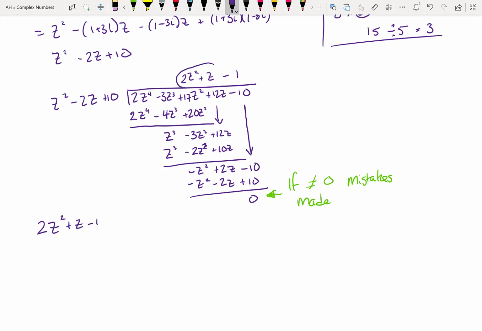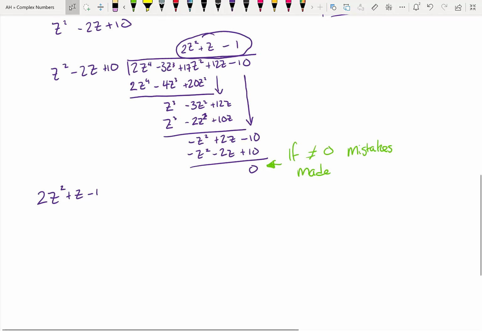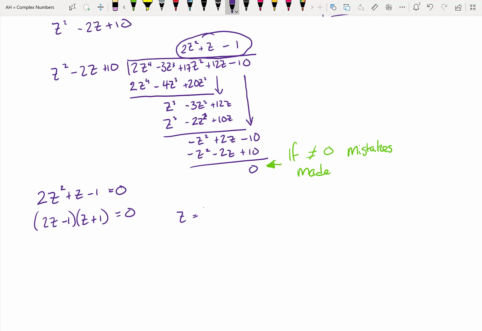This thing here on the top has to make it up. All I'm going to do is factorise it and make it equal to 0. So I've got (2z minus 1)(z plus 1) equals 0, and so z is equal to a half, or z is equal to minus 1.